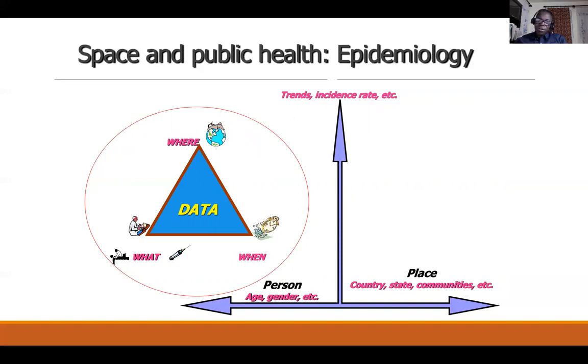Now, notice closely how they are aligned together. Because these three dimensions are connected together with data, which has spatial commonality. And that is what we are going to deal with in this course.